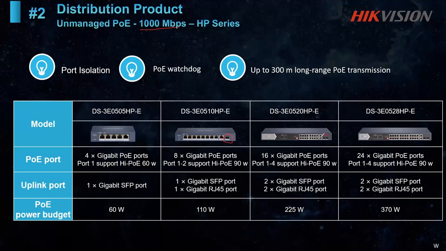Sometimes you have dual SFP in the 16 port and 24 port switches, but in the 8 and 4 port switches you can have single SFP ports, and sometimes some RJ45 uplinks as well. So depending on your requirement, you can select a suitable switch, whether it's SFP or RJ45, and configure the uplinks according to your requirements.